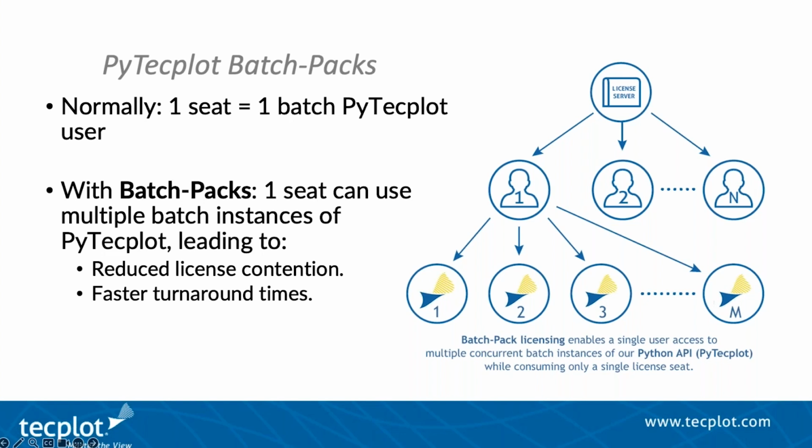So this means that you could potentially have huge speedups in large tasks, all while a colleague can continue to use the interface with a single 360 seat. Again, this is specific to network licenses, so you can reach out to your account manager if you want more info on that.